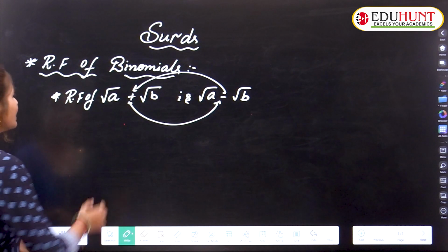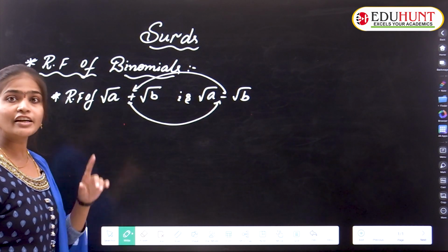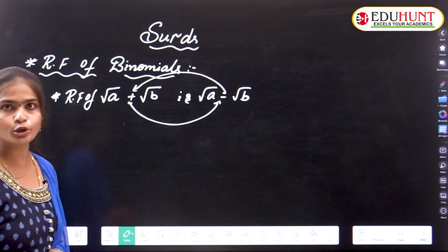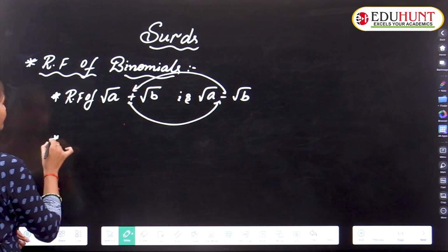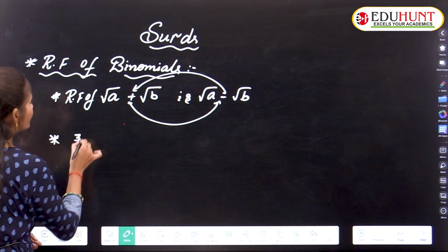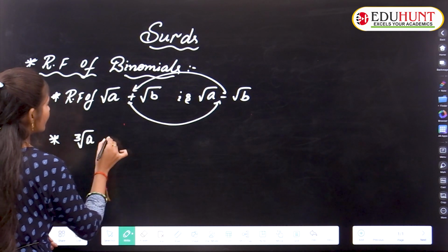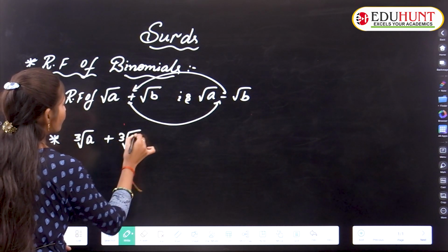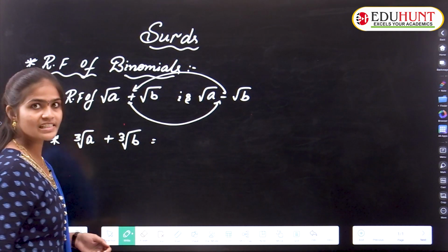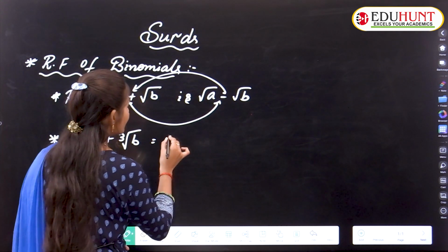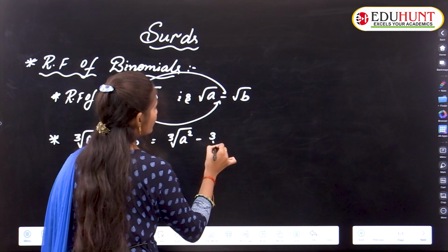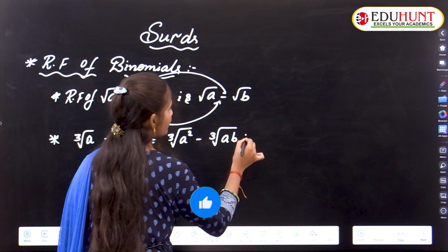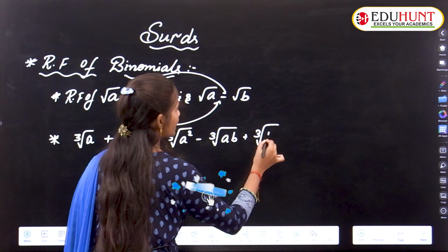Okay, now this is for square roots. If the surd has cube roots, then what is the rationalizing factor? Here, cube root of a plus cube root of b. Then what is the rationalizing factor here? That is cube root of a square minus cube root of ab plus cube root of b square.